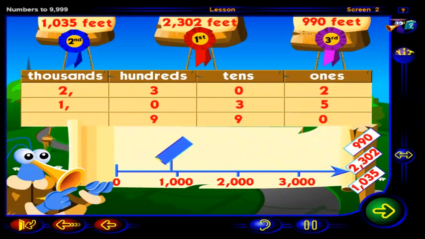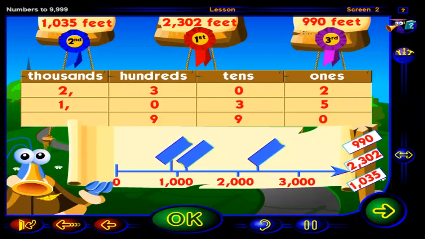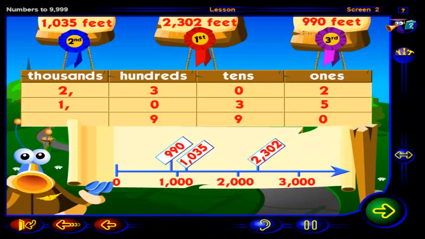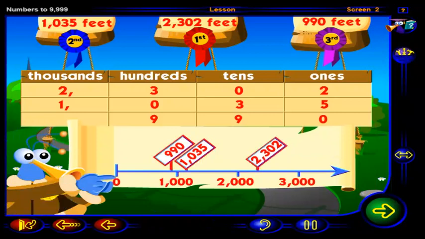Drag a number here, here, and here. Then click OK. That's right. These numbers go about here, here, and here on the number line.